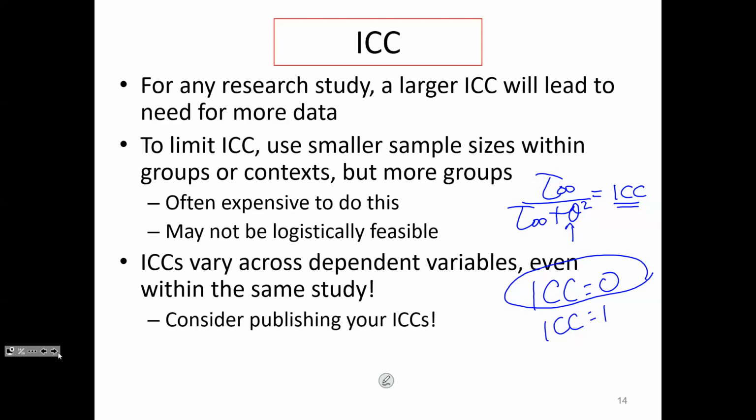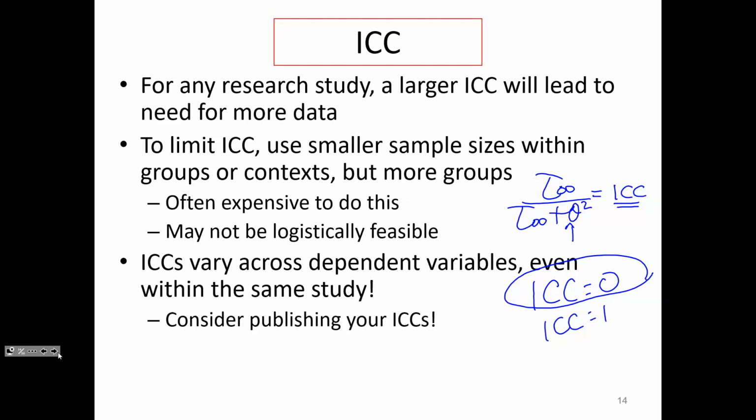But as the ICC creeps up, I'm getting less and less unique information from each person in my study. So the ICC ends up being a super important parameter that I need to know for power analysis in the multi-level study. A larger ICC is going to mean that I need more data.